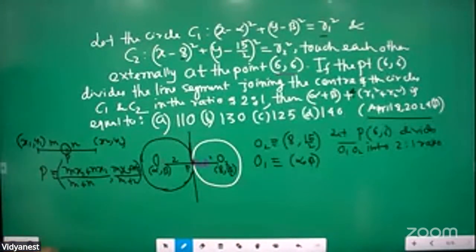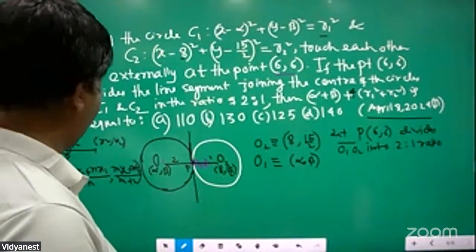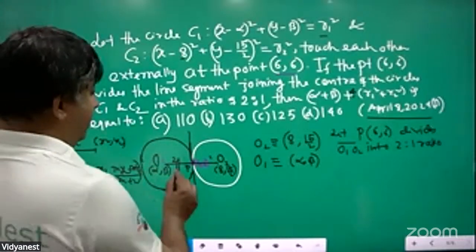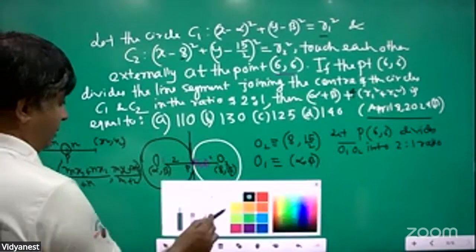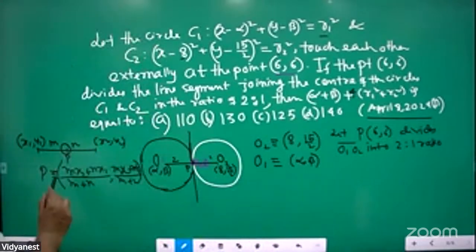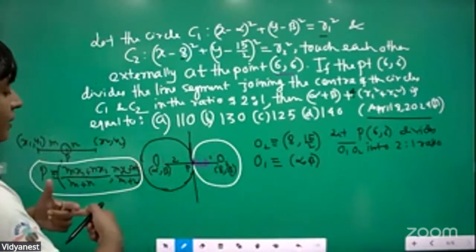So that junior level property is peeping in again. The section ratio formula taught in your junior class is being recalled.